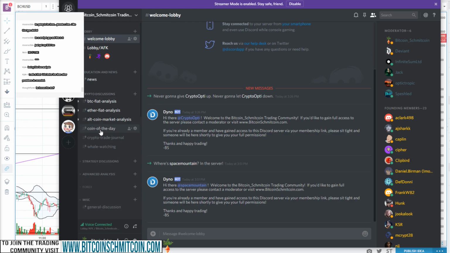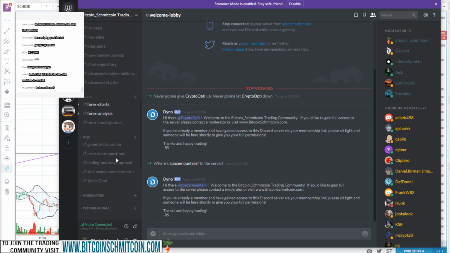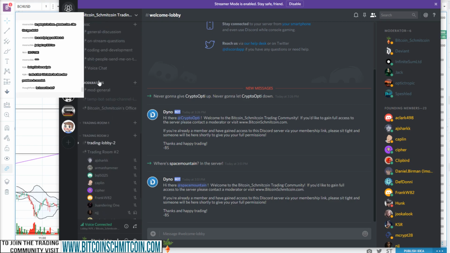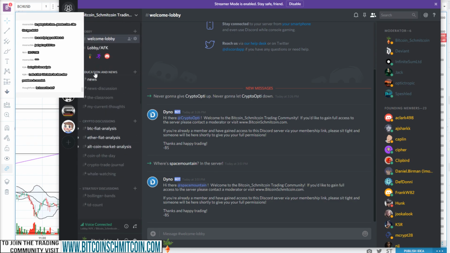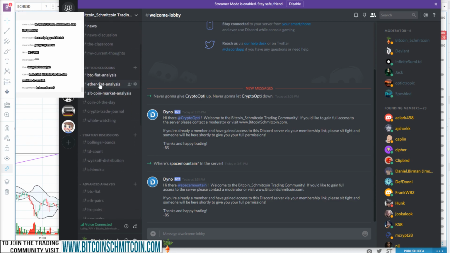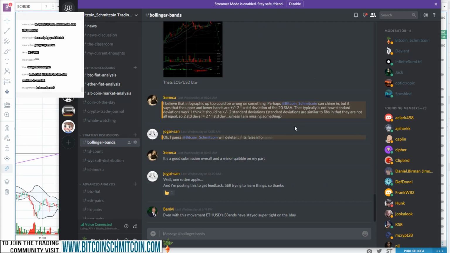If I expand all these tabs here, we got a ton of information for everyone from beginning to new. We got the news section. We have obviously the crypto discussions, and one of the newest sections that I really like is the strategy section, where depending on what people are interested in learning, we'll put up different sections.